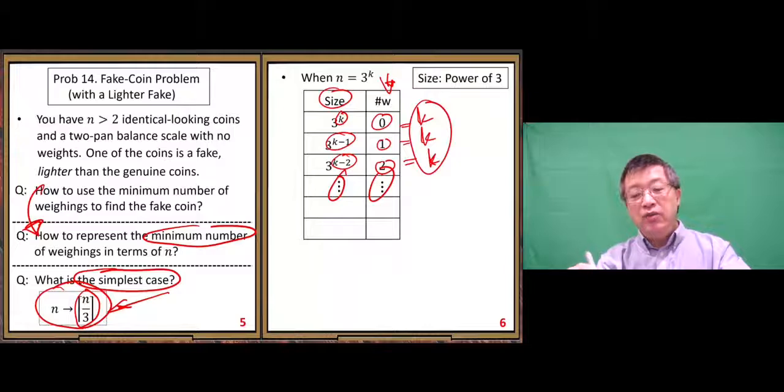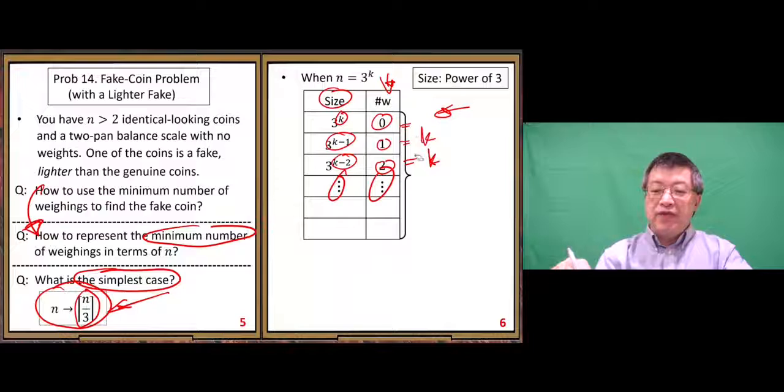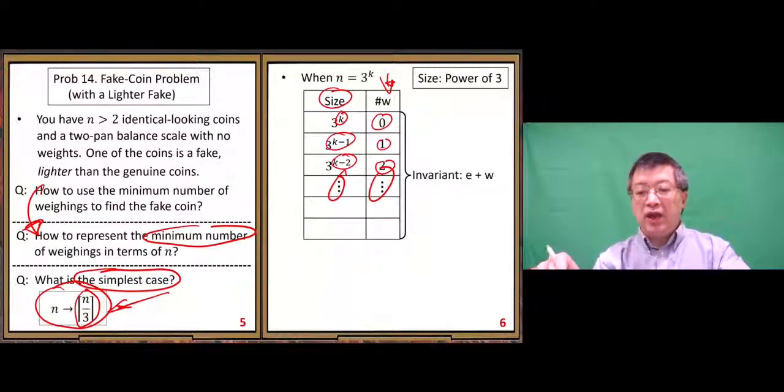For any row, you have this invariant quantity. So based on this observation, we get the invariant E plus W, where E is the exponent in the left column and W is the number of weighings in the right column, equals k. That's the invariant.